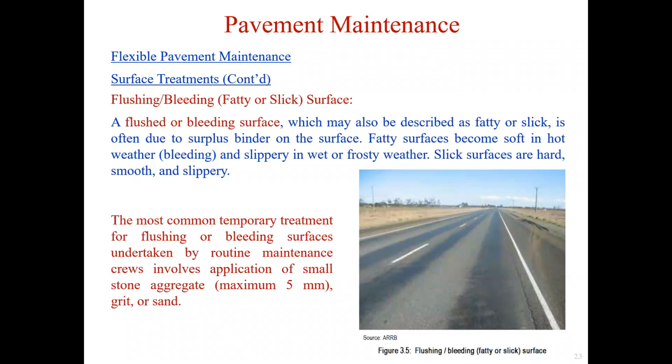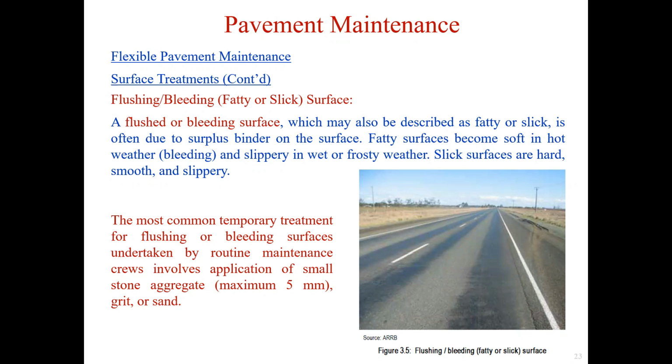A flushed or bleeding surface is often due to too much binder on the surface. The fatty surfaces become soft in hot weather and slippery in wet or frosty weather, while sticky surfaces are hard, smooth, and slippery.